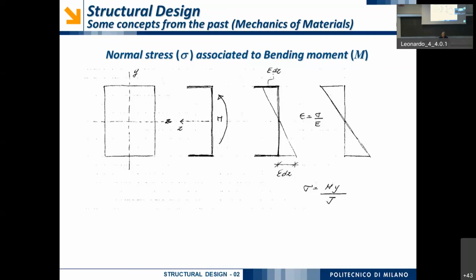And so there is a linear distribution of stresses which generates a linear distribution of normal strain. And we know that that linear distribution of stresses might be expressed as sigma equal to the bending moment times the distance of the fiber from the neutral axis, from the center of the beam, over the inertia moment, okay? You remember this kind of formula.